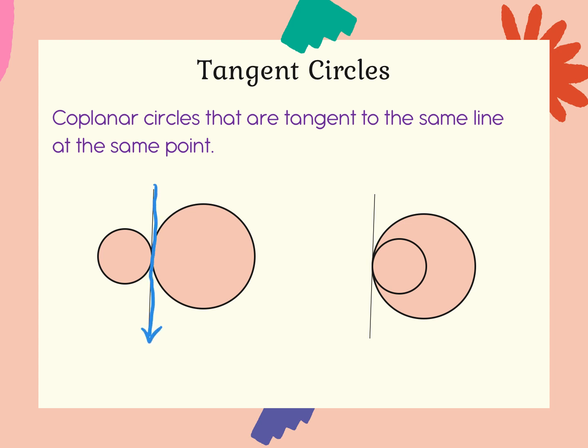And notice they both share this same point of tangency. Now you could have a circle within a circle, and then this point of tangency would be right here. Now, these are not concentric circles. Notice they don't share the same center point, but they do share the same tangent line and the same point of tangency.